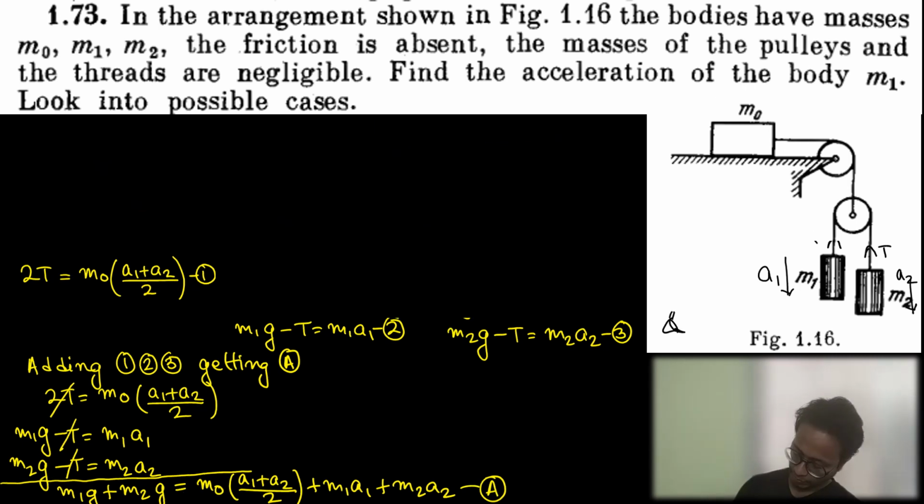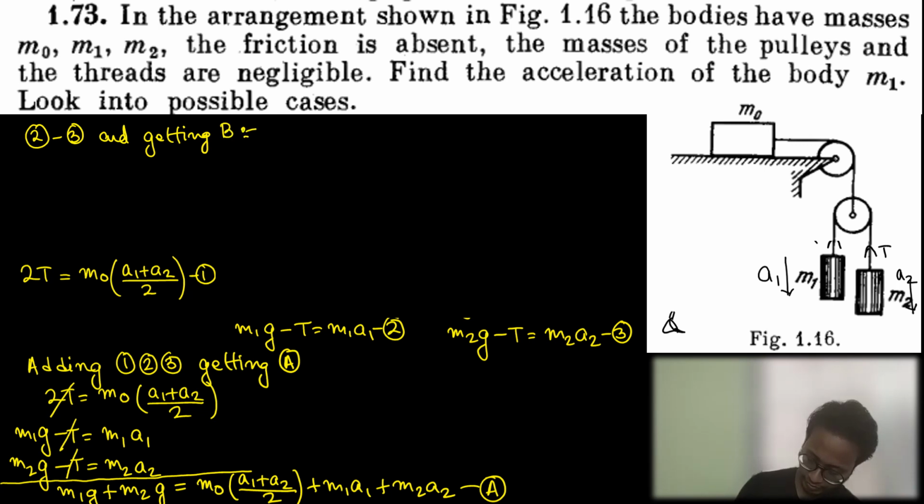Our second step is subtracting 2 minus 3 and getting b.